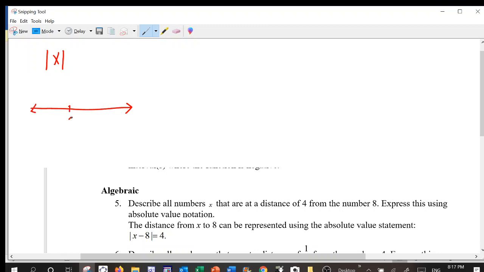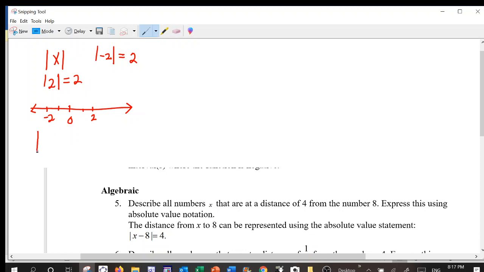So if this is 0, for example, absolute value of 2 means how far it is from 2 to 0, and that is, of course, 2. And absolute value of negative 2 means how far it is from 0 to negative 2, which is again 2. That's one way to think of absolute value, and it's a good way to think about it.